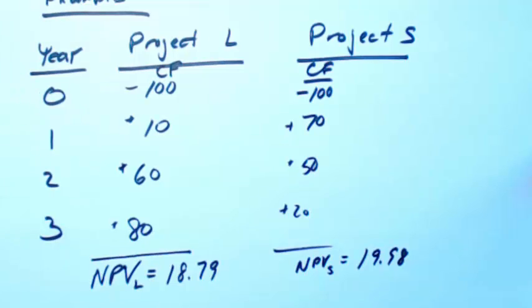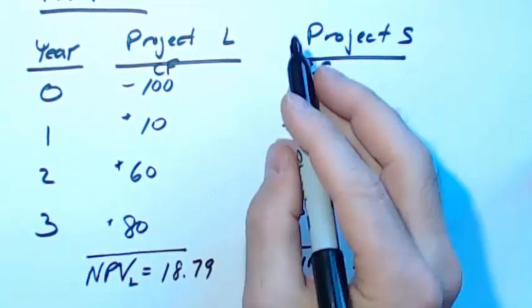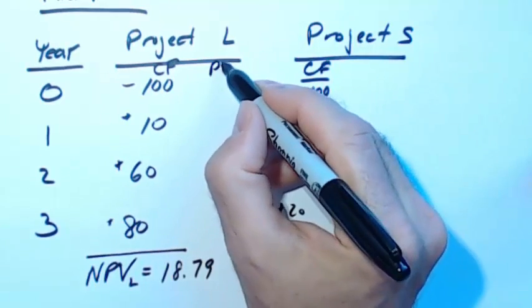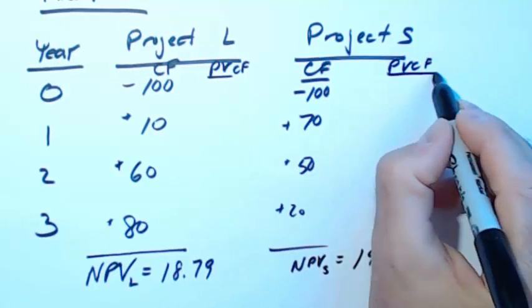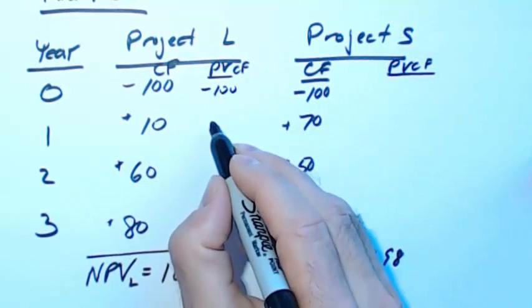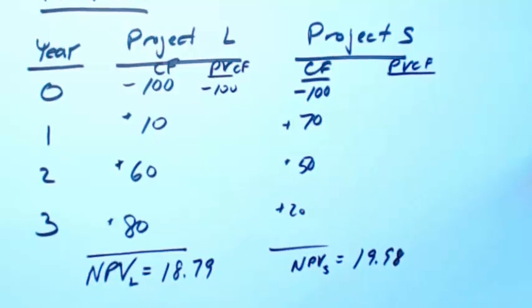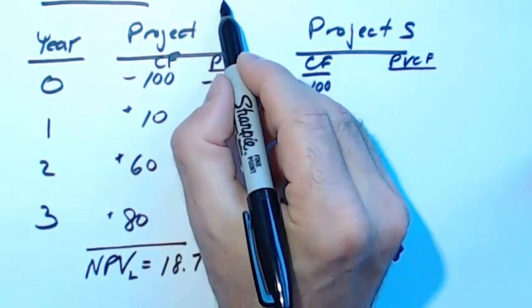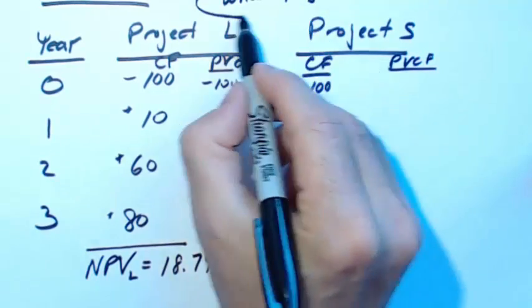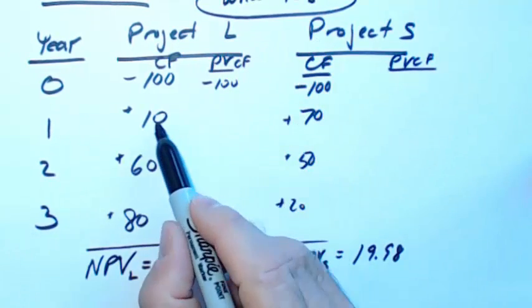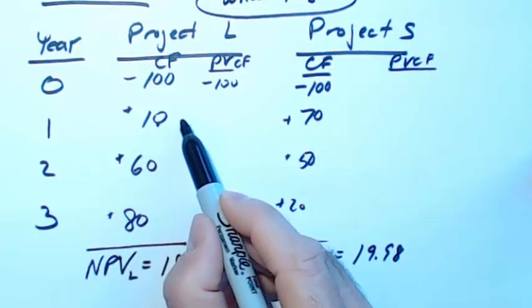Let me show you first, before we get to the calculator, the present value of those cash flows. The present value of the cash flows are minus 100, and then I have to tell you what the discount rate is. The weighted average cost of capital is going to be 10% in this problem, so we discount this $10 at 10% for 1 year.